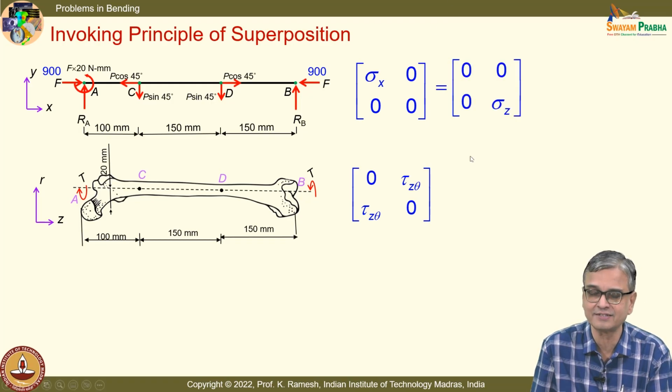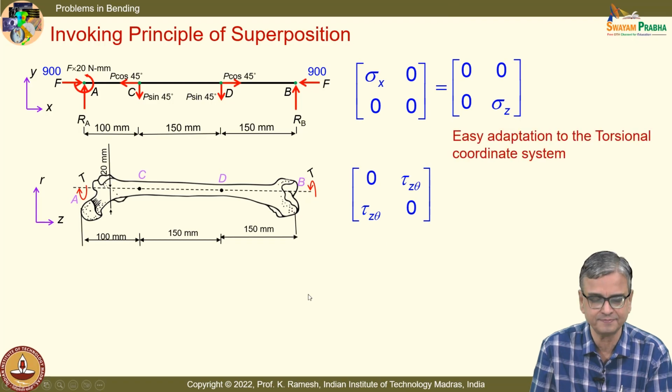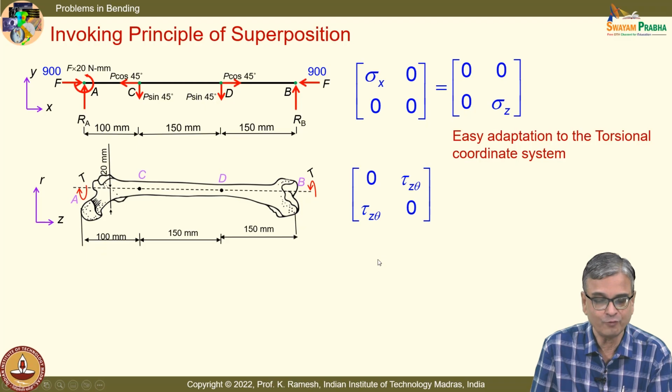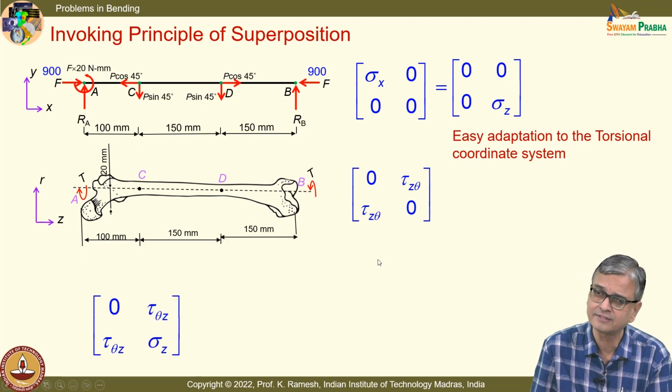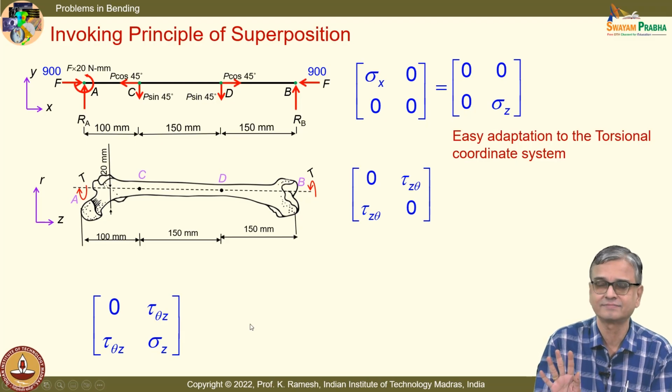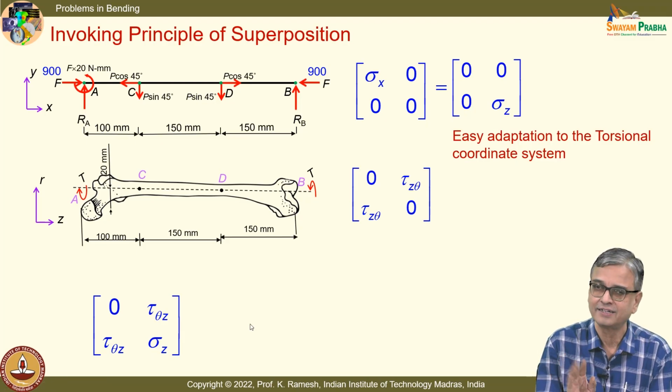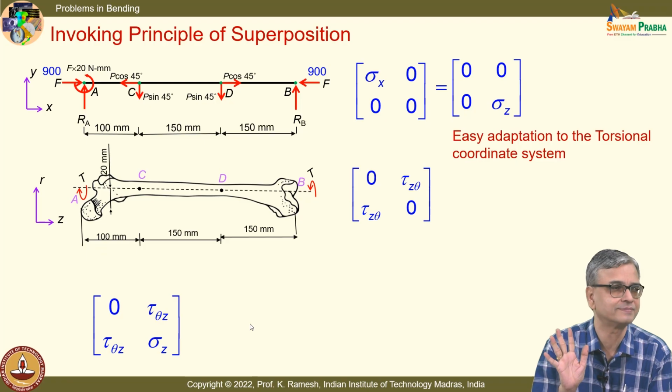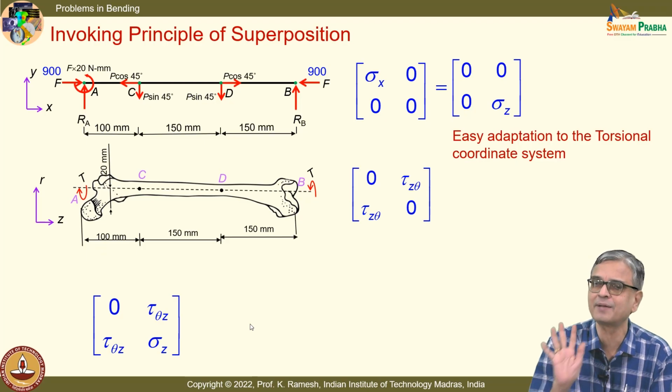I can write this as 0, 0, 0, sigma z, an easy adaptation to the torsional coordinate system. And what is the resulting stress tensor? I have sigma theta is 0, fine, tau theta z and sigma z. Is the idea clear? I have invoked the principle of superposition, I have looked at the axis and I have made a very simple adjustment. By a simple adjustment, I have been able to get this.